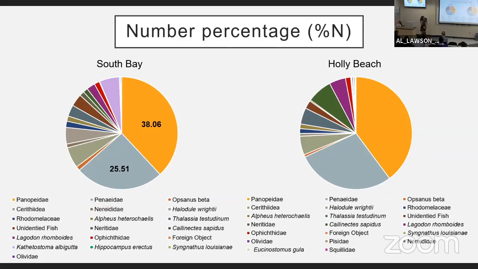And then once you start getting into the smaller ones is where you start seeing some differences. So here we have snails coming in 3rd, whereas in Holly Beach, again, we're seeing that same trend with the mud crabs followed by the shrimp. But then it changes to Callinectes, or blue crab, as that 3rd most abundant prey item.